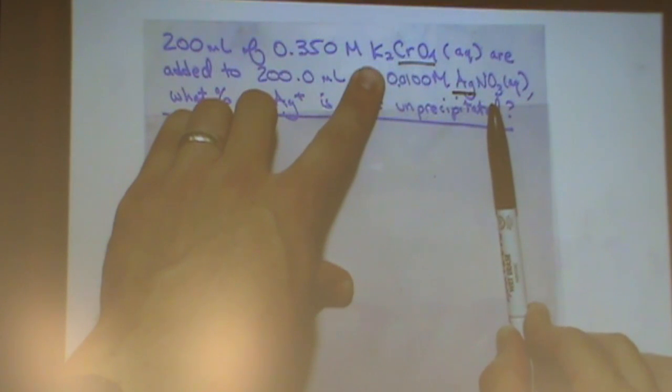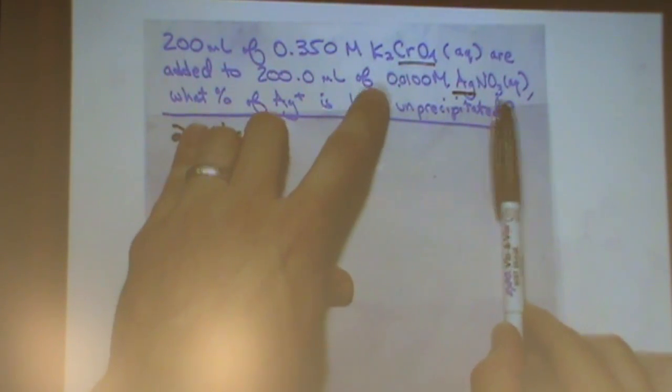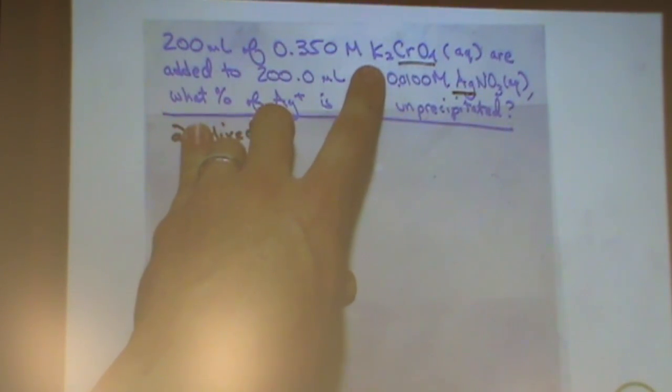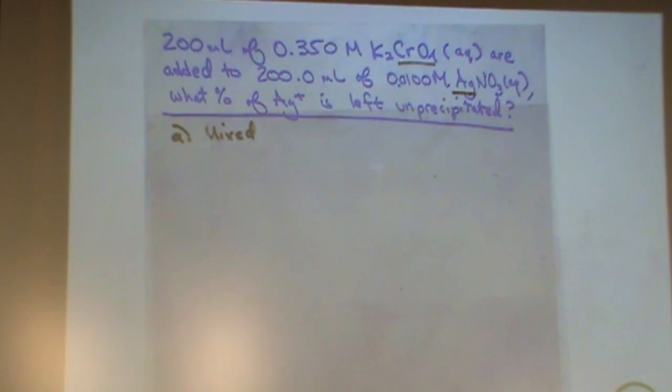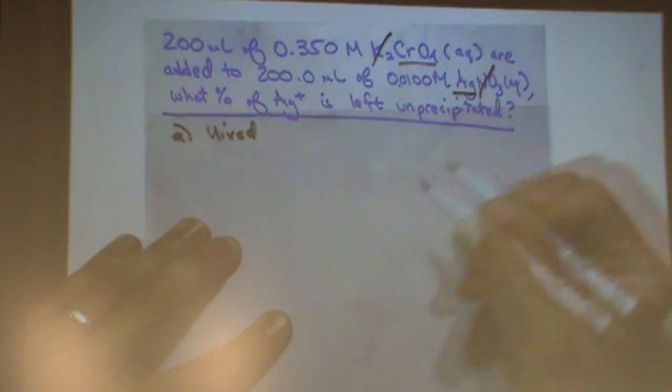They're conjugates of a strong. So they come from, this is a conjugate of nitric acid, this is a conjugate of potassium hydroxide. So they're called spectator ions. Unfortunate if you haven't learned that in another class, but if you know what the strong acids and bases are, all the conjugates are neutral. So we ignore them. Gone, garbage.